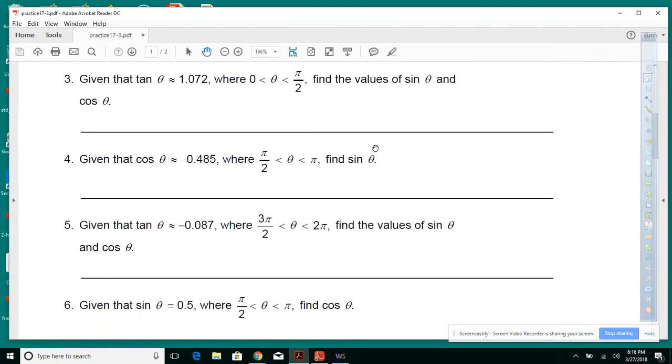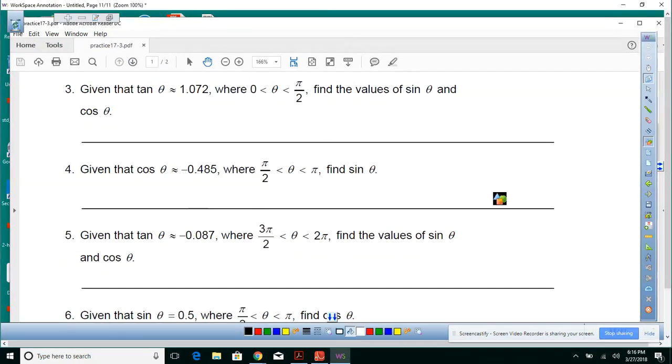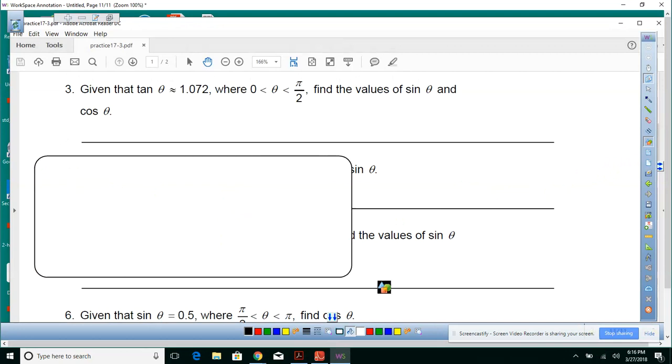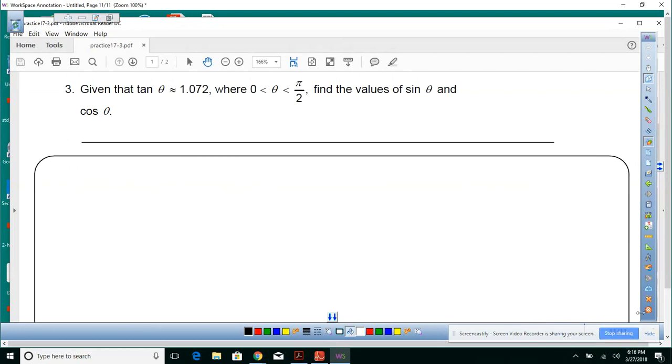Oh, now we're given tangent theta. This would be fun. All right, let's see here. We got to do 2 this time, okay? We're given tangent theta, and this is between 0 and pi over 2. That's quadrant 1. So this is going to be positive, and this is going to be positive.